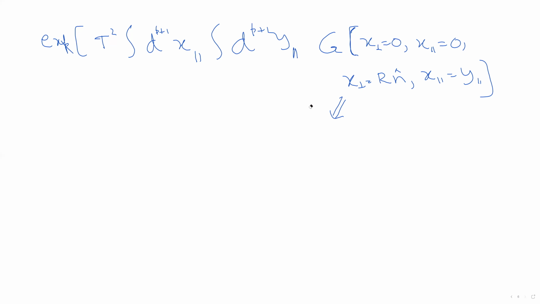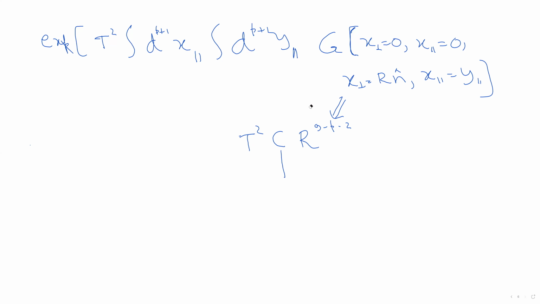It will reduce to e squared times a constant c times 1 over r to the power 9 minus p, where this is the same p as here.